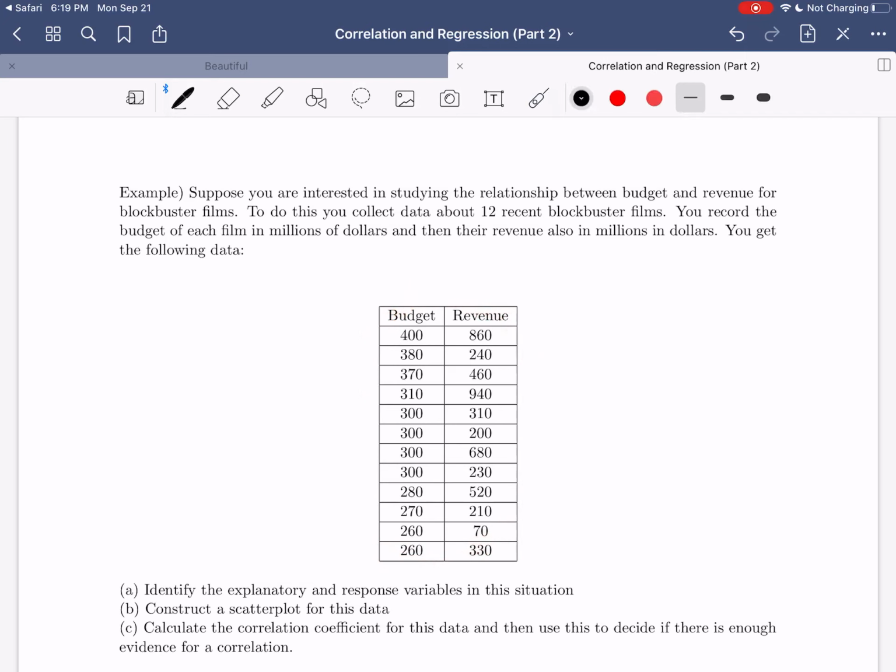Since this is real data, just so you guys sort of know, this first film here, which had a budget of $400 million and a revenue of $860 million, was actually Avengers Endgame. And also, just because I think it's interesting, this is one of the worst flops in movie history: a movie with a budget of $260 million that only managed to make $70 million in revenue.